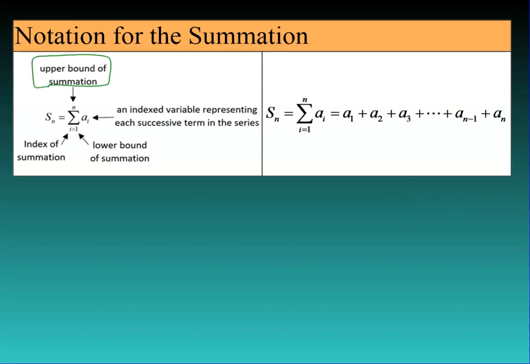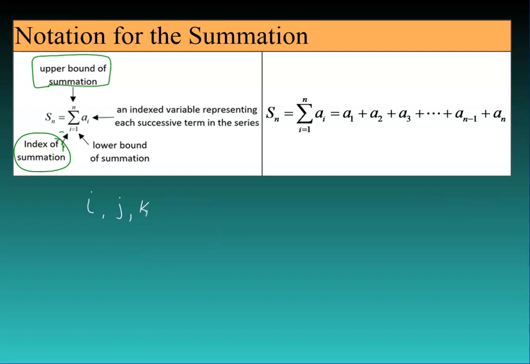The letter down below, the i here, is the index of the summation. Other things that you could see there would be j, sometimes k. I think there's a couple others, but those are the three that I've seen commonly used in that spot.